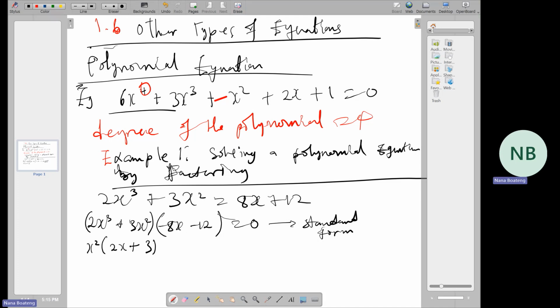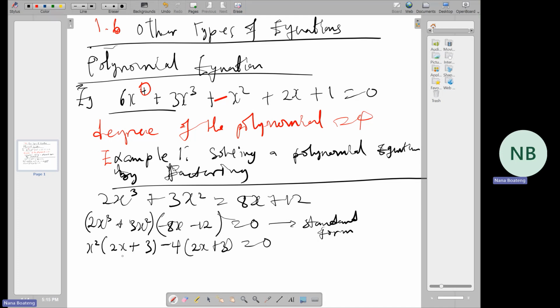And for the third and fourth terms, we can factor out -4. So if you factor out -4, then we have 2x plus 3, and this is equal to 0.